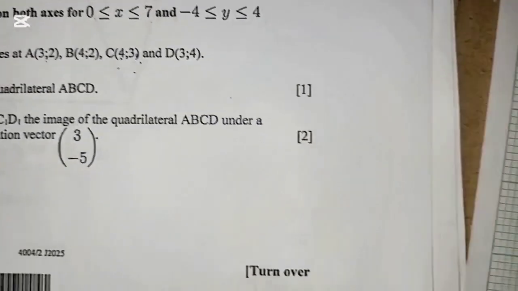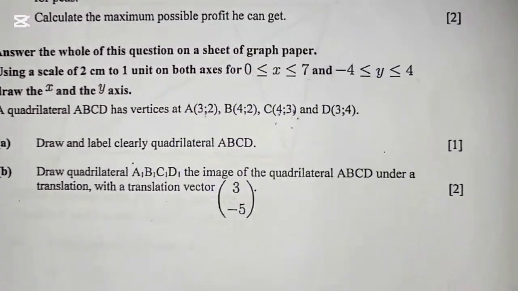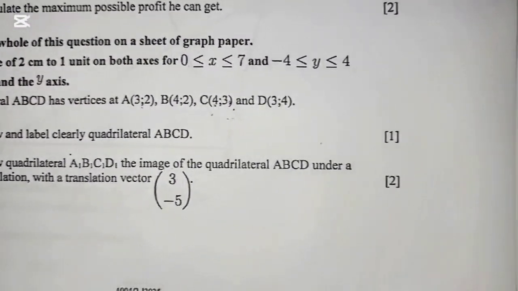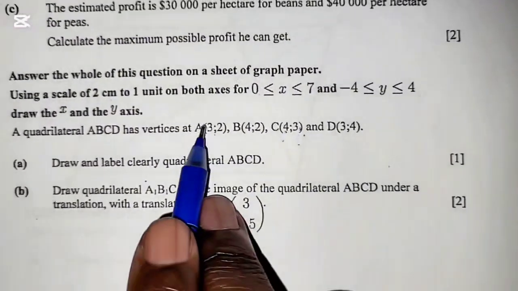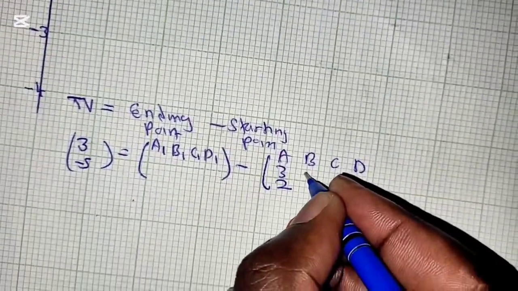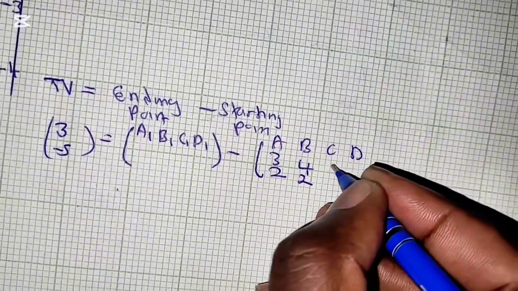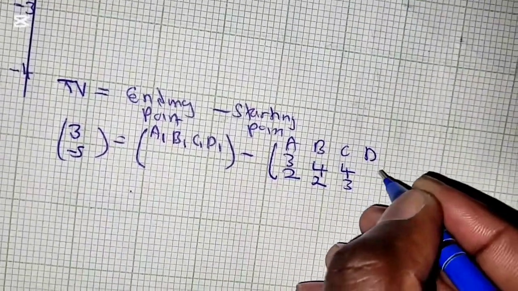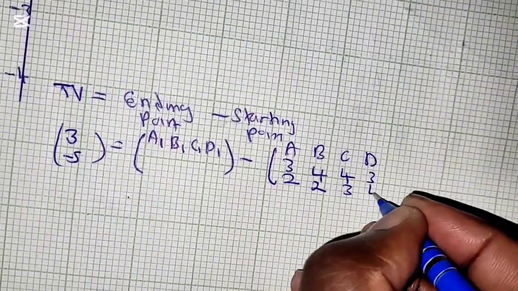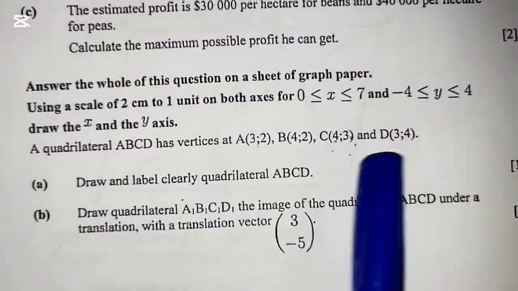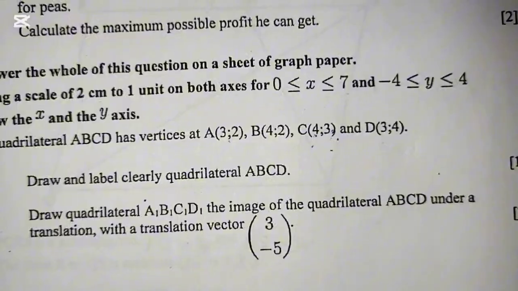So I'm going to take these coordinates of A, B, C, and D. That's 3 and 2. Then B is 4, 2. Then C is 4, 3, and D is 3, 4. Are we together? Okay, that's it. So these are the coordinates of the starting point.